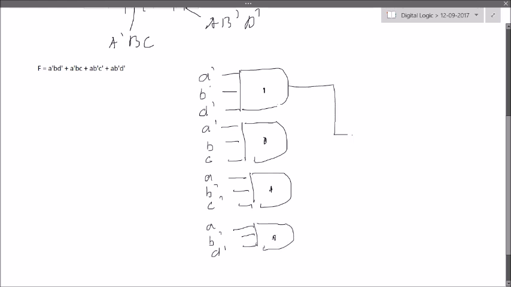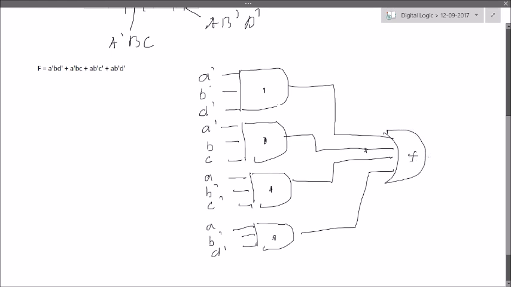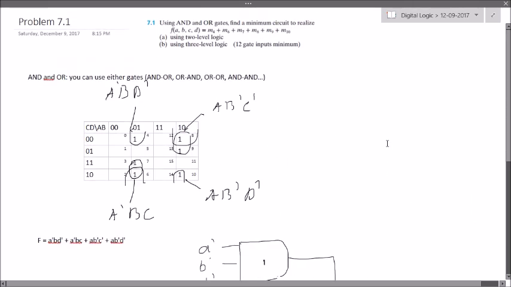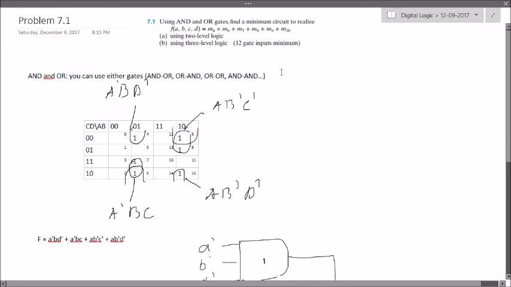And then the outside would be an OR gate. There you go. That is the two-level logic circuit. Okay? That's just A though.